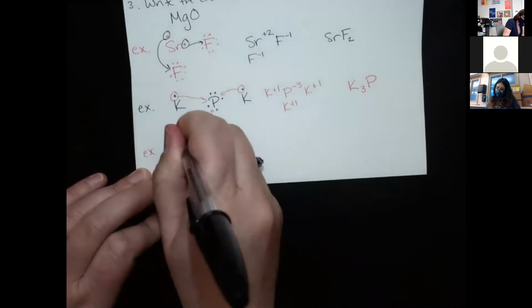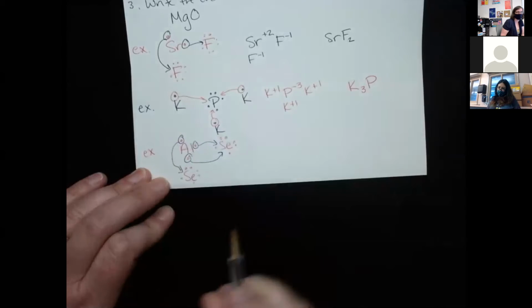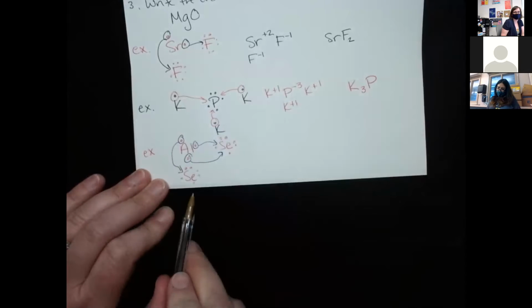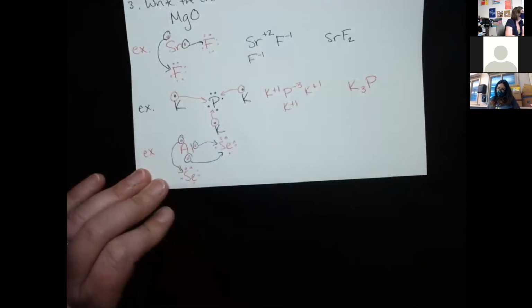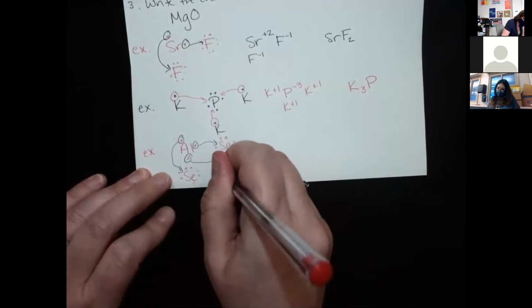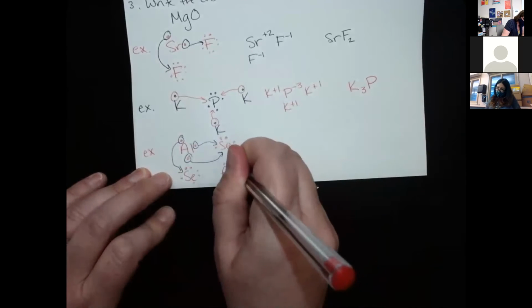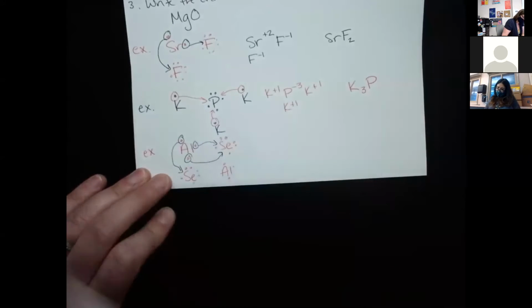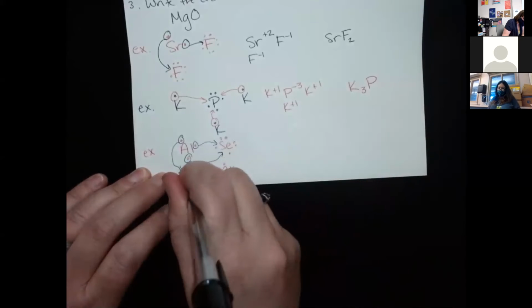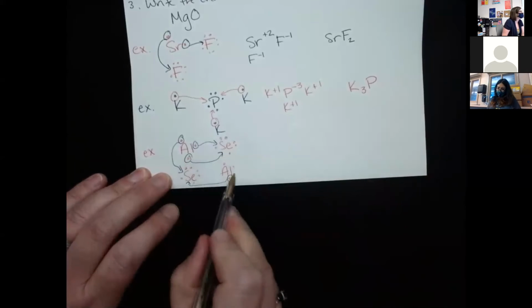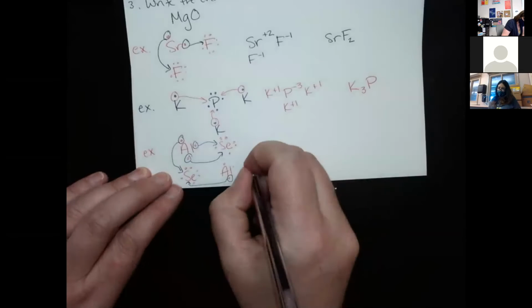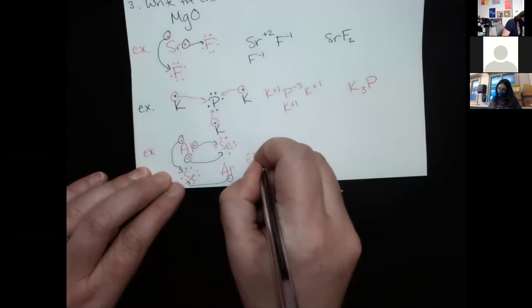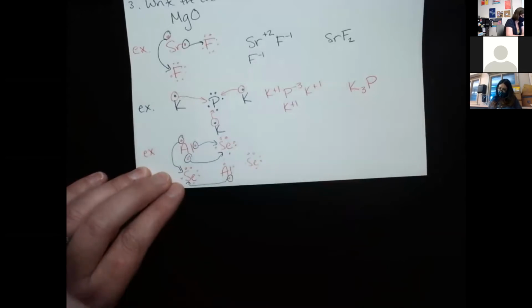So aluminum can give away its last electron, and now aluminum's happy. But is this selenium happy? No. So we must need another aluminum. So now that selenium's happy because it got its second electron. But now this aluminum isn't happy. So we add another selenium. And then it all works out.